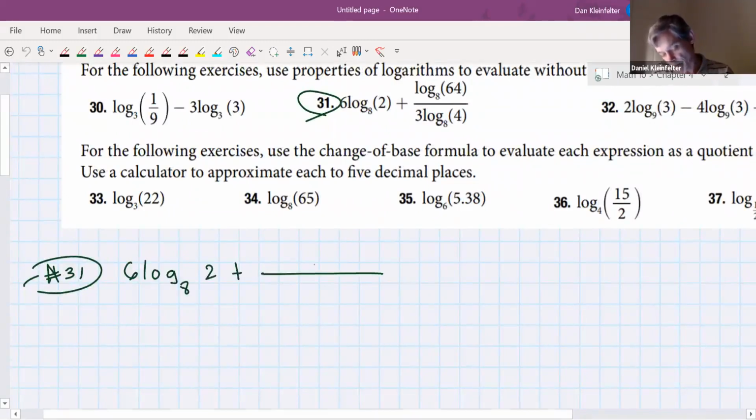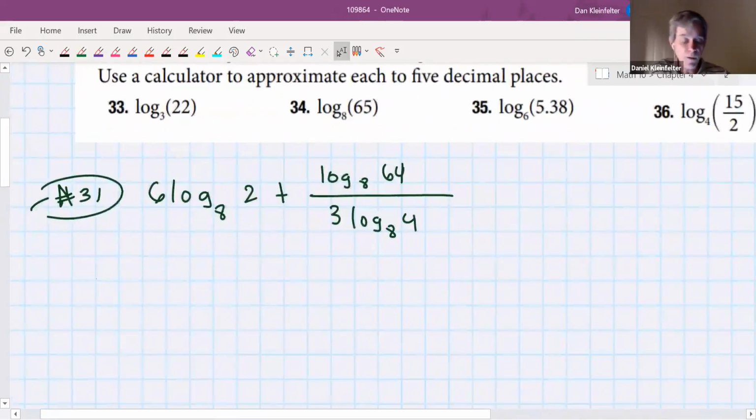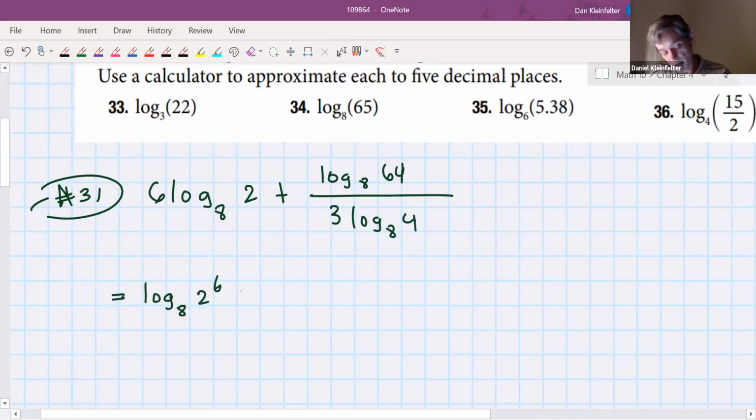Plus, and then it's a fraction, log base 8 of 64 divided by 3 log base 8 of 4. Okay, so it says to use properties of logarithms to do this. So I'm going to bring in the 6 as an exponent for this first part. So this will be log base 8 of 2 to the 6th power. And I'll figure that out in a minute.